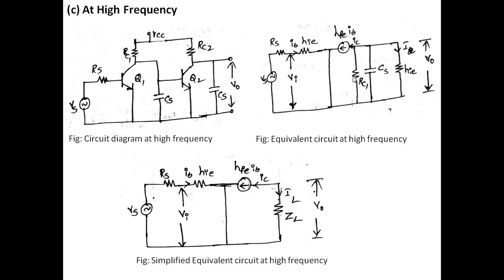All the three in parallel combination are replaced with ZL, and the current flowing through that ZL is IL. ZL is a parallel combination of RC1, the reactance of the capacitance, as well as the impedance hie. Now let us go ahead with what is that ZL and how to calculate V0, and we know the basic formula for Vi, and we will try to calculate the voltage gain at high frequency.